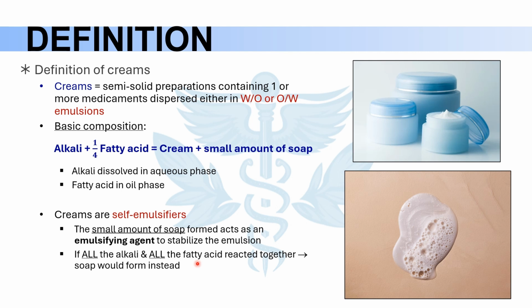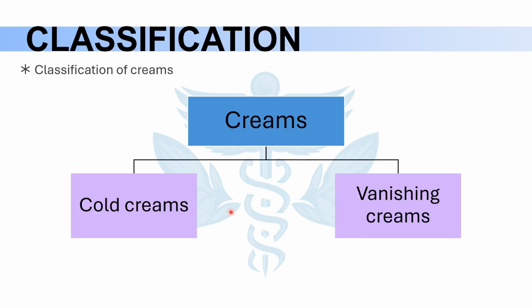So we found with research that only 25% of the fatty acid is neutralized by all of the alkali to form the cream that we want, and also to benefit from the emulsifying power of the soap formed. There are two types of creams, cold creams and vanishing creams.